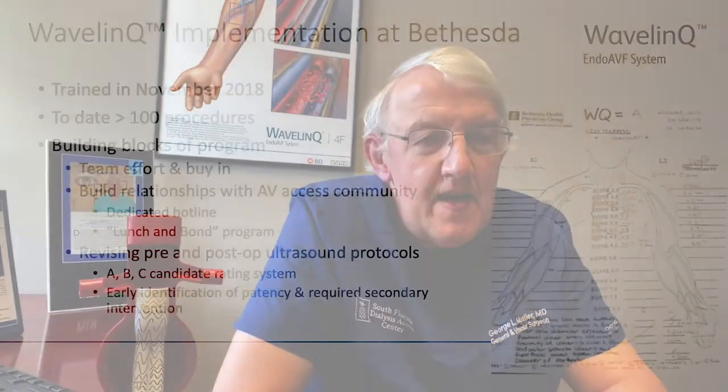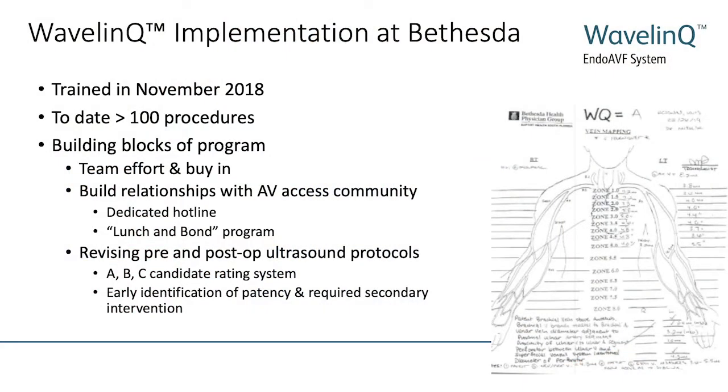We screen everyone who is referred for hemodialysis to determine whether they're a WavelinQ candidate or not. We've developed an A, B, and C system for grading individuals. For us, a grade A means all the anatomy is outstanding, and I'll go through that in a moment. A grade C is an individual that has a problem that we can't fix, and the message from the ultrasonographers to me is, don't take that patient to the operating room for a WavelinQ.